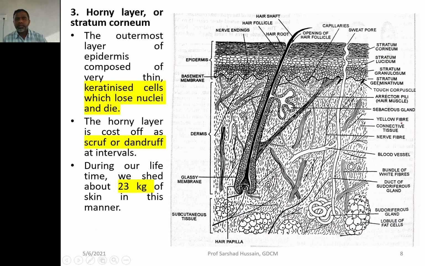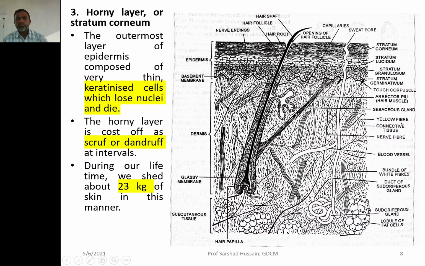Then you have the third layer, the stratum corneum. It is the outermost layer of the epidermis, and it is composed of keratinized cells. So you can understand what keratinized cells are, in which the cytoplasm is completely replaced by keratin, and they even lose the nuclei. Every cell has a nucleus present in it, but once they are fully keratinized, the nucleus is also lost.